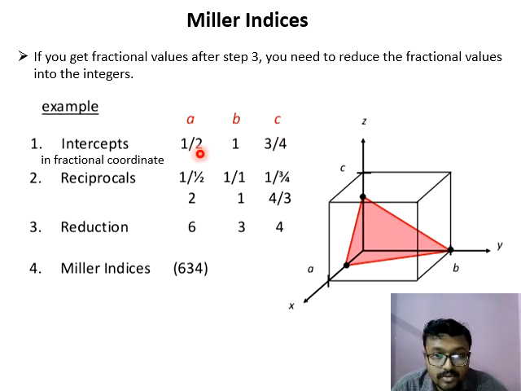If we take the reciprocal, 1 by 2 will be 2, b will be 1, and 3 by 4 will be 4 by 3. Now to make them integers, we have to multiply by 3. So 3 into 2 is 6, 3 into 1 is 3, and 4 by 3 into 3 will be 4. So 6, 3, 4 will be the Miller indices for this plane. In that way we can calculate Miller indices.